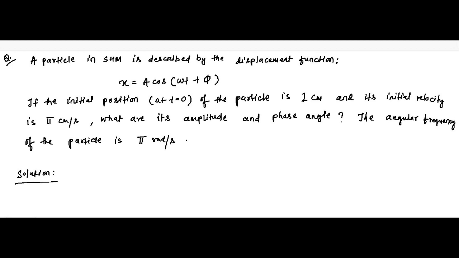It is also given that the initial position at t equals 0 of the particle is 1 centimeter and its initial velocity is pi centimeter per second. What are its amplitude and phase angle? The angular frequency of the particle is pi radian per second.